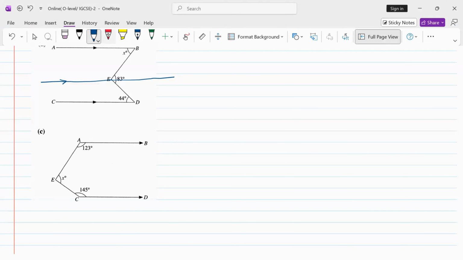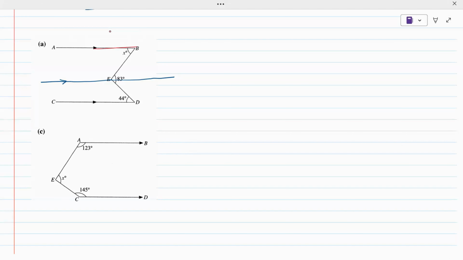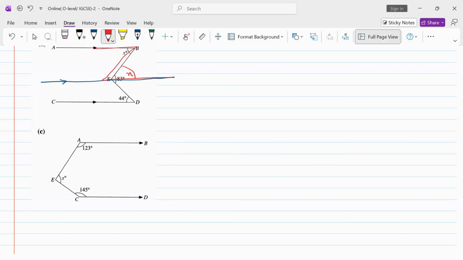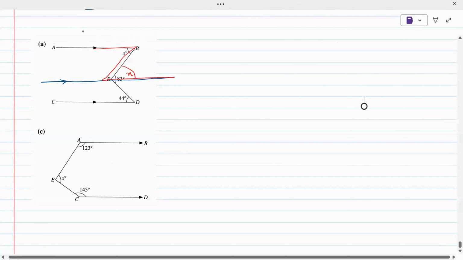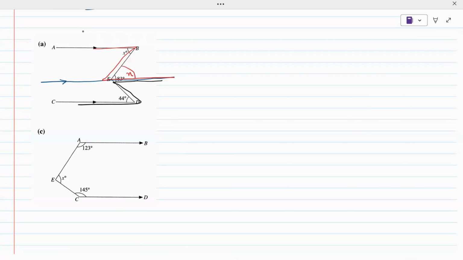So what happens is we can see the letter Z being involved here. And because of letter Z, this part will be X. And we can see one more Z involved. This letter Z. And because of this second letter Z, this angle would be 44. See, making an imaginary line helped us in making an equation directly.